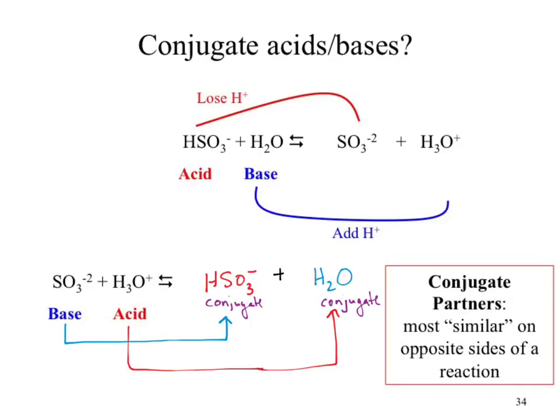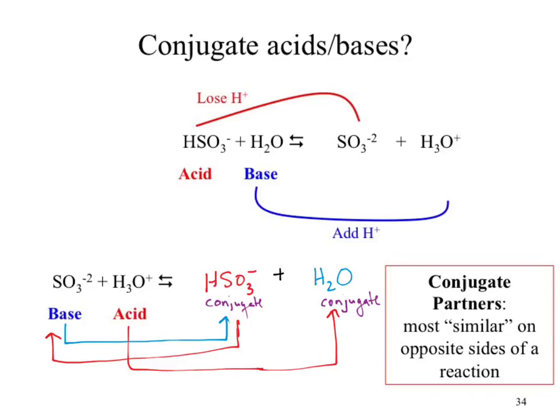Okay. Our conjugate is best referenced on our product side. How do we know which one's the acid? Well, we'd go through and look at our reaction. What happens to HSO3 minus to go back to the reactant side? It has to lose that hydrogen, which means it is an acid for the reverse reaction.